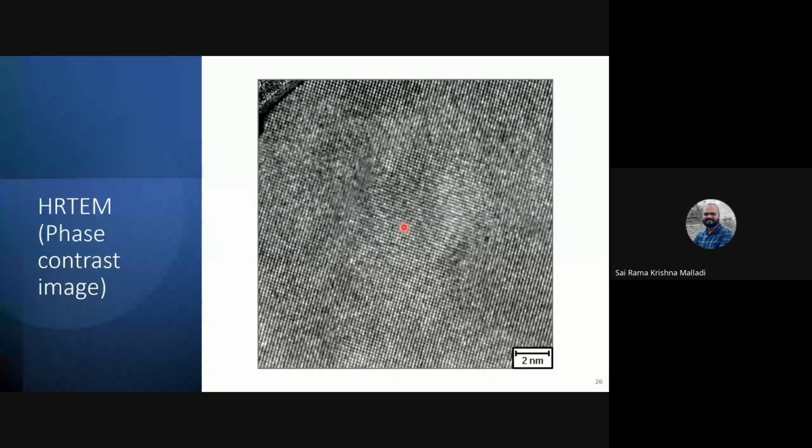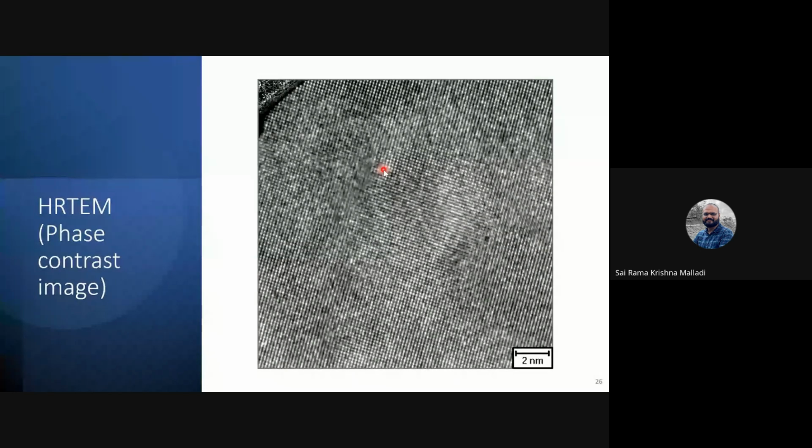So each of these dots you see here are atoms of some material inside a cubic crystal. And this periodic arrangement of varying bright and dark spots is a consequence of the electron beam and specimen interaction that we discussed a couple of slides ago.